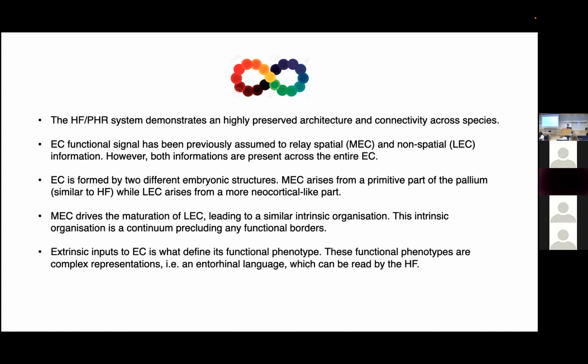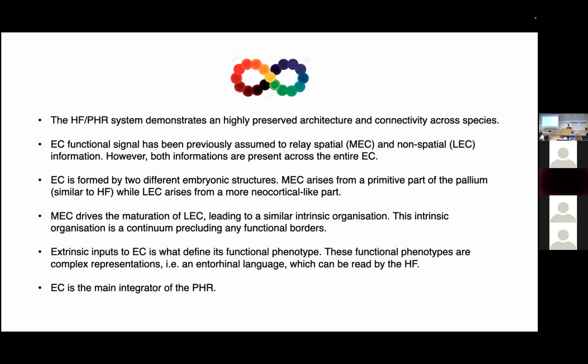I think what is critical is to look precisely at the inputs to the entorhinal cortex across species. And these functional phenotypes are basically complex representations. It could be grid cells, it could be head direction signal, but it's an entorhinal-made language, which is read by the hippocampus further. And we believe that's the role of the entorhinal cortex.